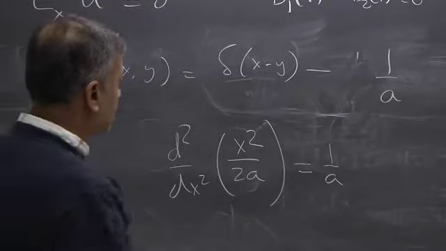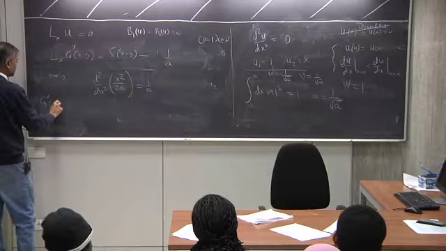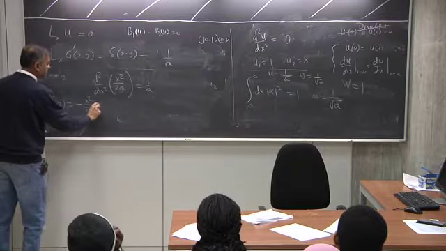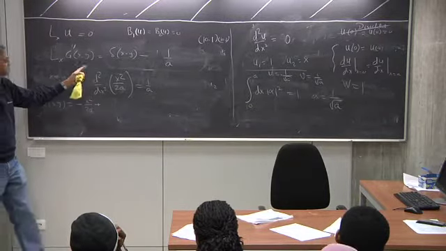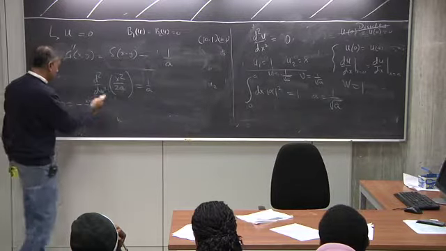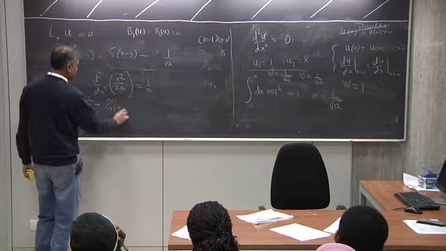With a minus sign. So I can write the Green's function, g prime of xy, as minus x squared over 2a plus something which will satisfy the equation without this, right? So plus, let's call it g tilde, something. Let's write it like this.